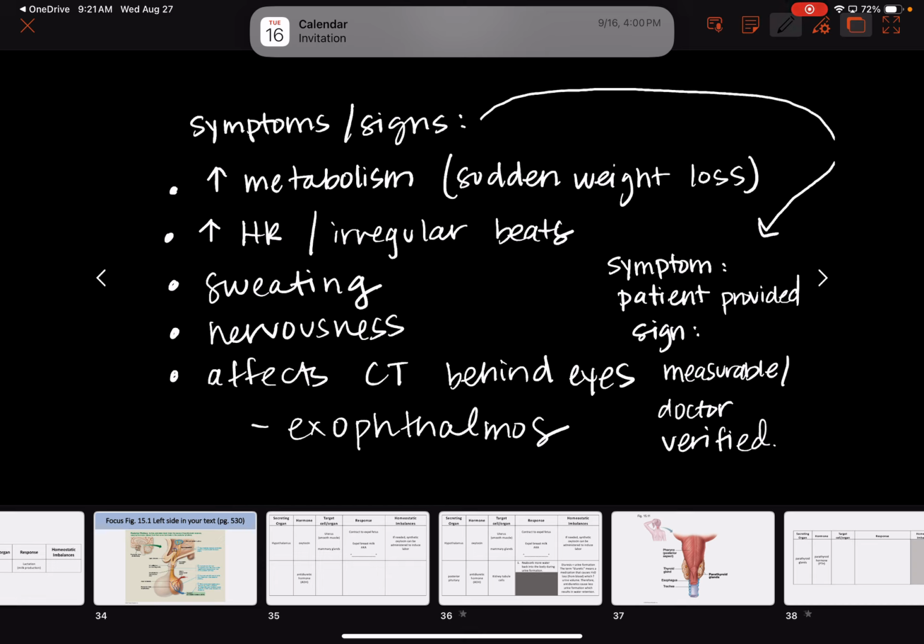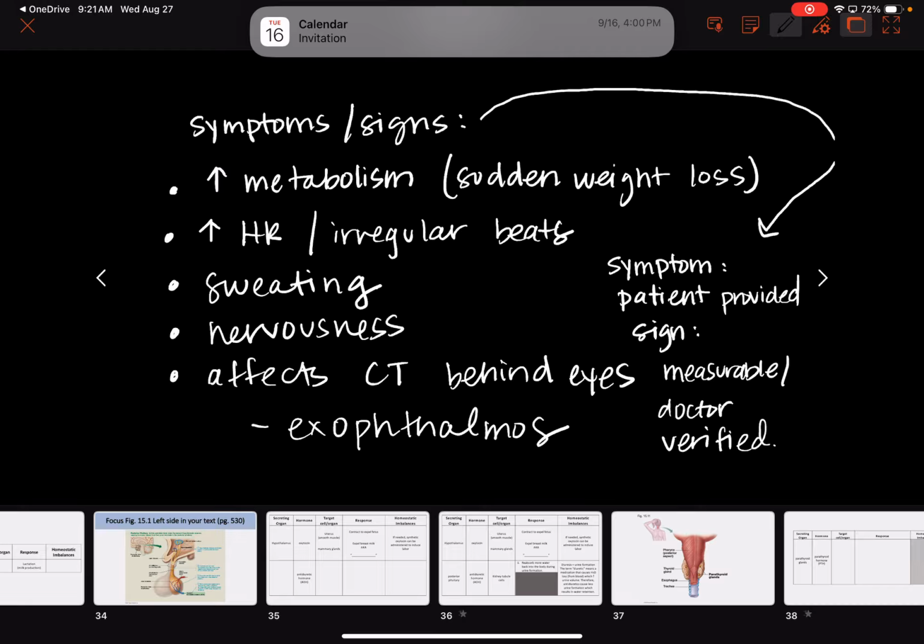So when it's able to bind to the receptor, it doesn't do what TSH does, and then it causes oversecretion or overproduction of thyroid hormone. Yes, that's correct. So this TSH mimic is going to act just like TSH does.